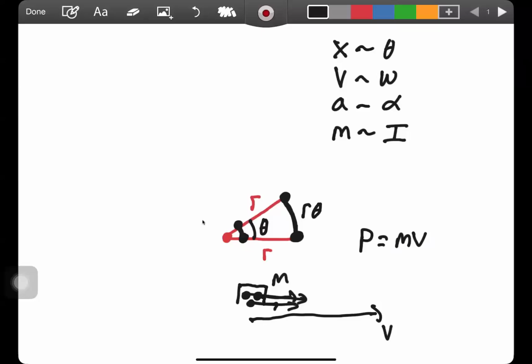And this is the key now. When you think of an object that has some mass and how you can take that mass and break it up into a bunch of mini masses, those mini masses are not going to be covering the same distance for a certain angle theta of rotation. So you have to account for how the mass is distributed across the object.